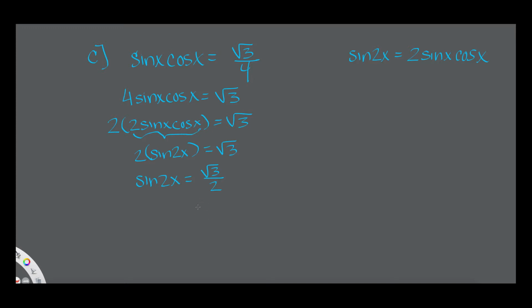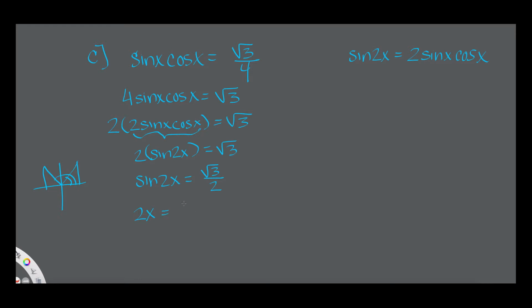Okay, so this is a little tricky here, right? Because we now know that 2x, so twice whatever x is, must be, we've got two choices, right? For sine to be radical 3 over 2, that means we're up here or we're up here. I didn't do a very good job of those triangles, but this is pi over 3 or it's 2 pi over 3.